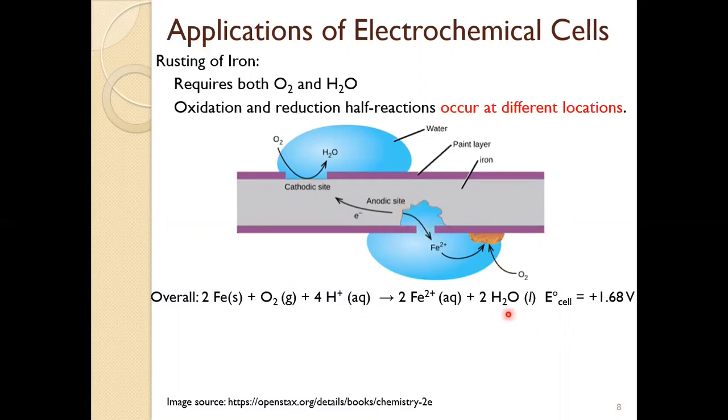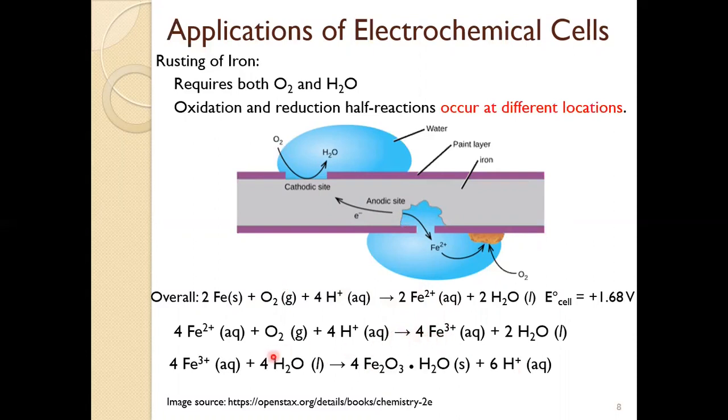So this is our overall reaction, to form iron 2+. Iron 2+ then will go on to be further oxidized into iron 3+, and then iron 3+ reacts with more water to produce this iron 3 oxide substance, which we call rust, a brownish red substance.